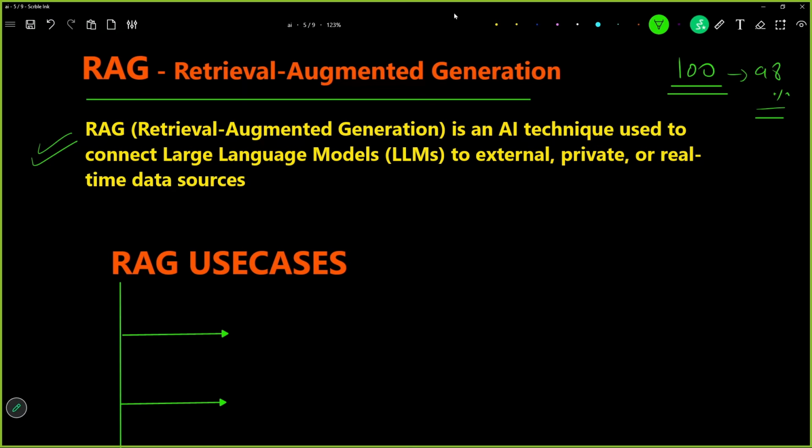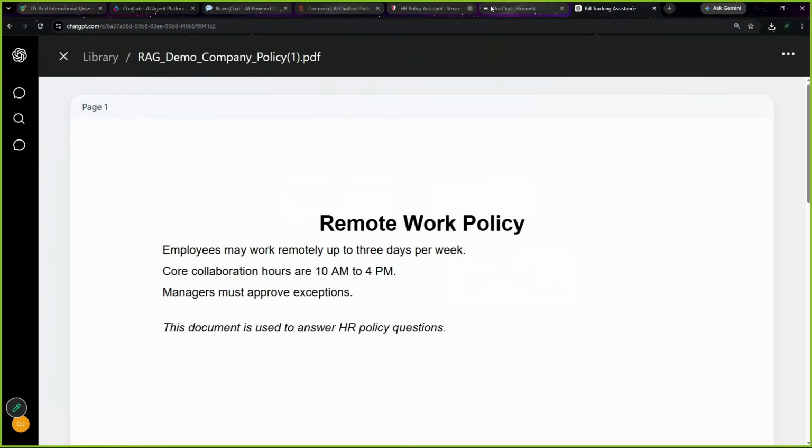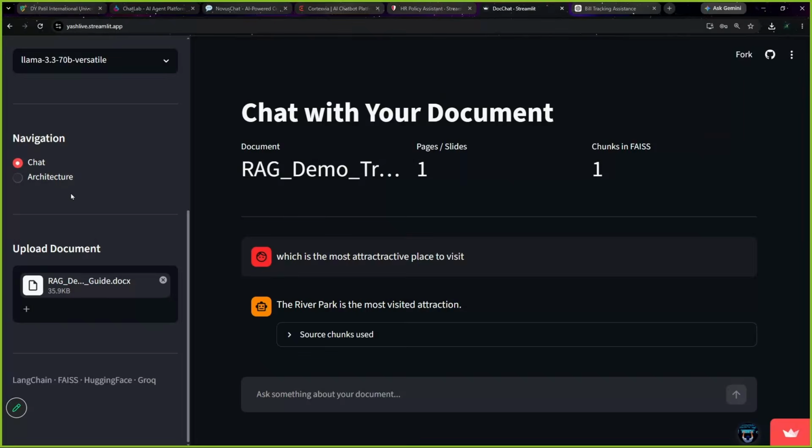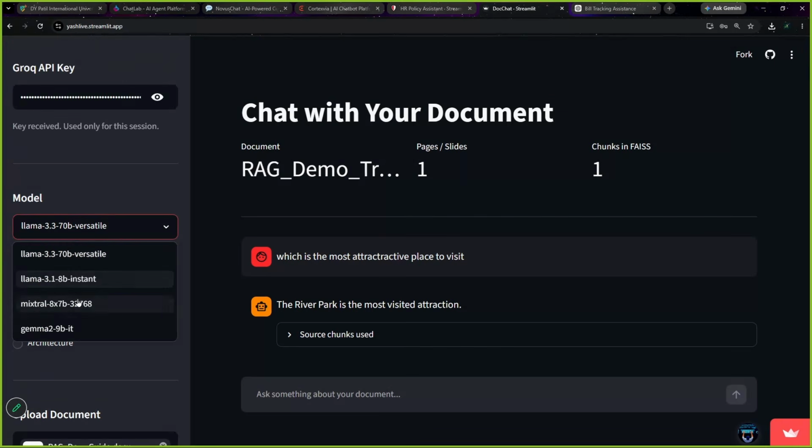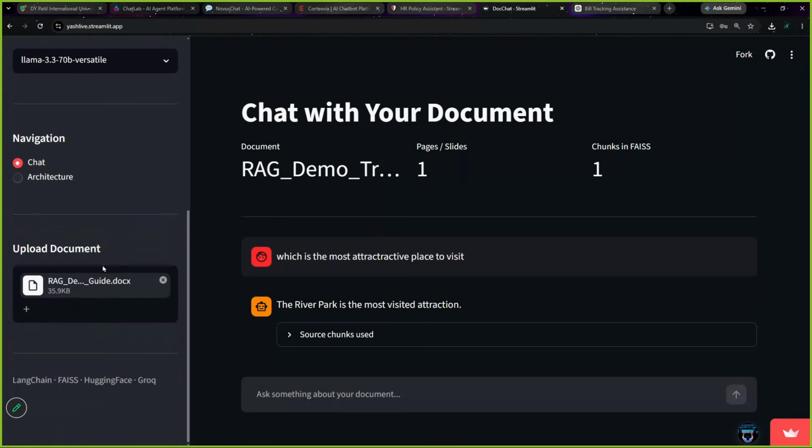Let us talk about the definition of RAG and things will be pretty simple now. RAG, Retrieval-Augmented Generation, is an AI technique used to connect large language models to external, private or real-time data sources. This is what our application was. We took any kind of large language model and connected it with our document database.